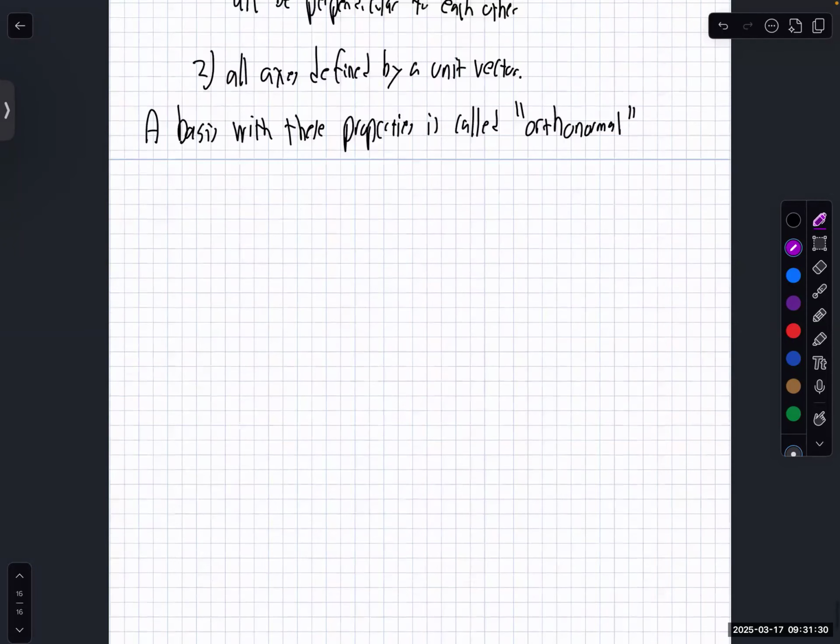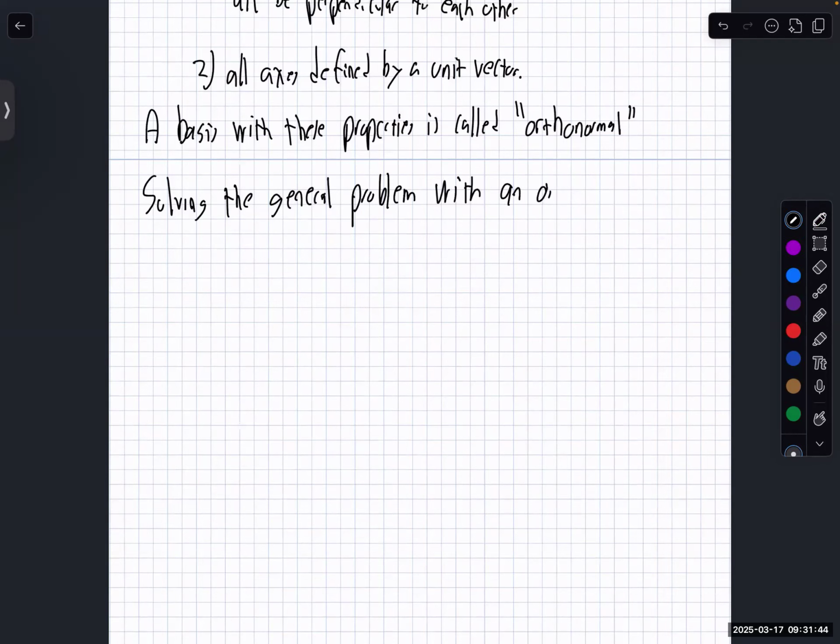So I want to talk about solving the general problem with an orthonormal basis. So I'll do it with 3 vectors.